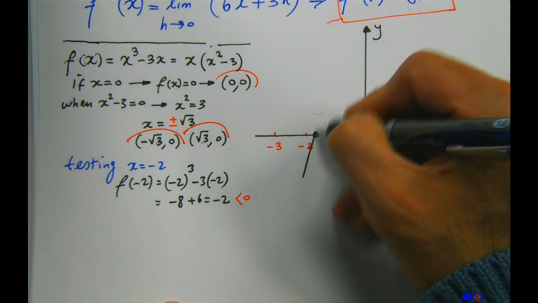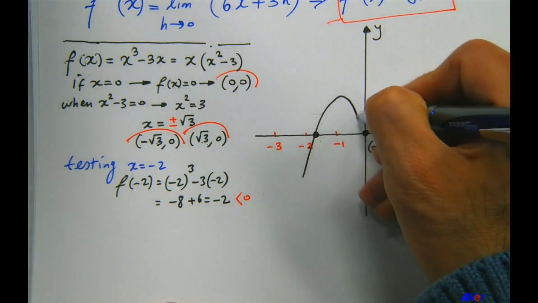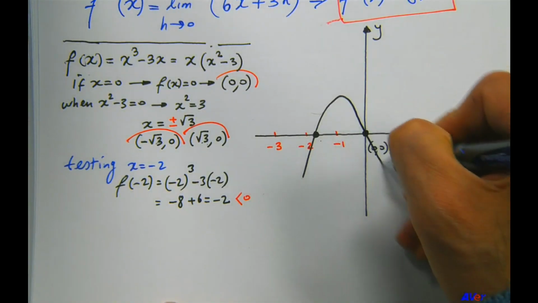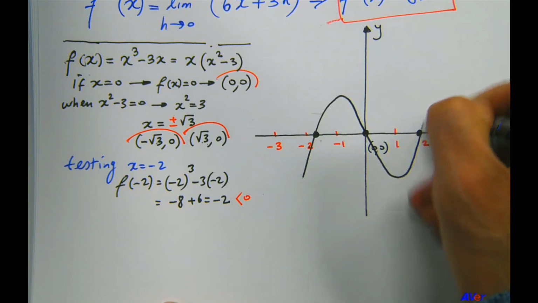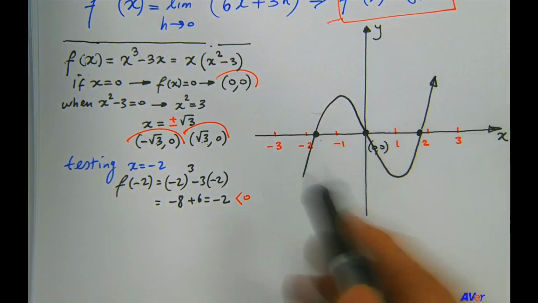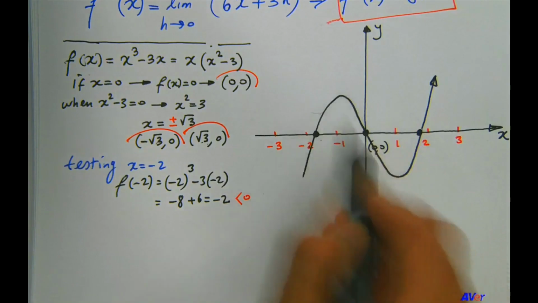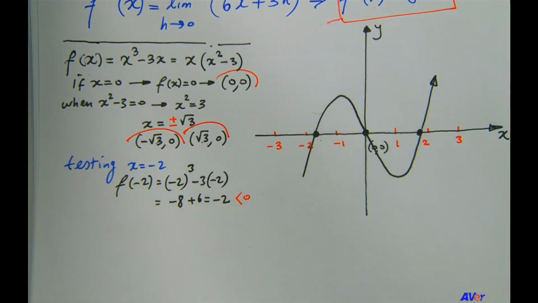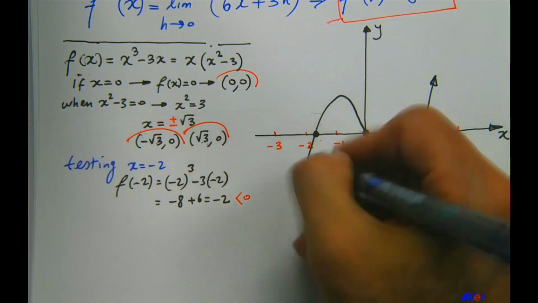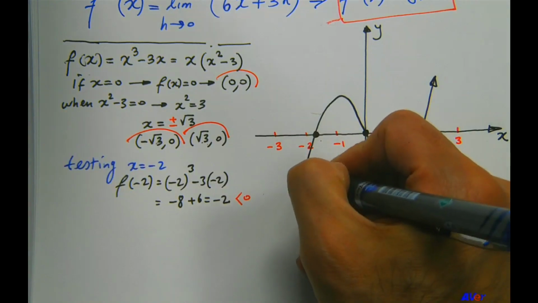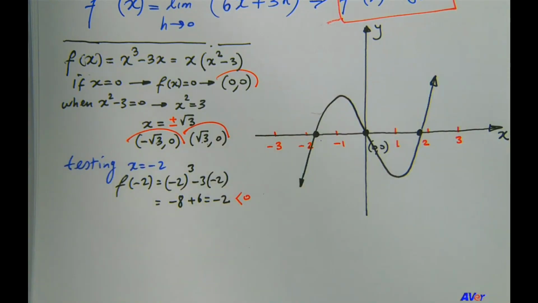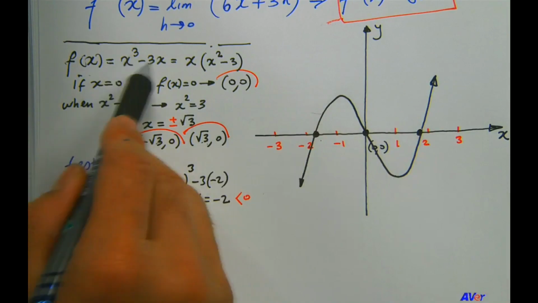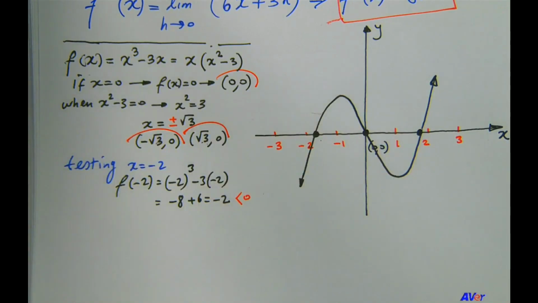Where it actually curves up and down, we will get to later in this course. But for now, let's just roughly estimate where the graph should go. So that's a rough sketch of x cubed minus 3x. Then they ask us to also graph the f prime.